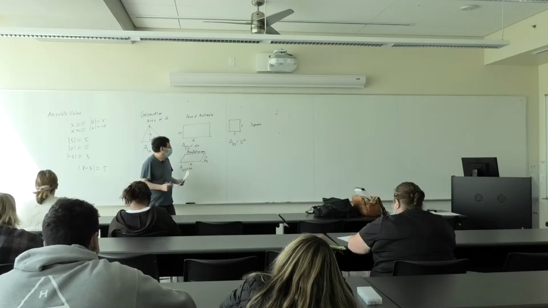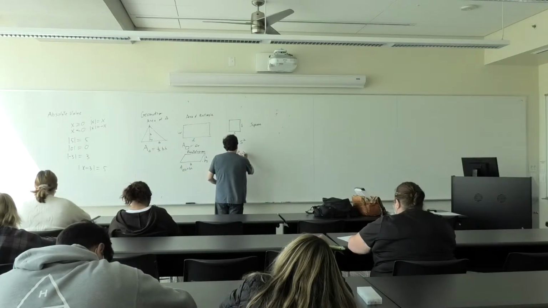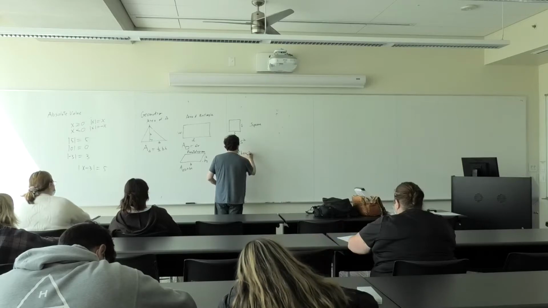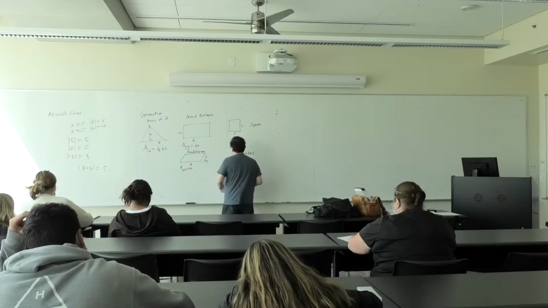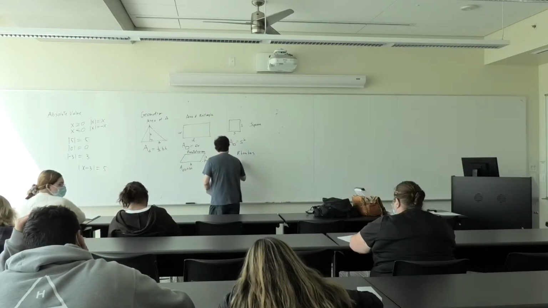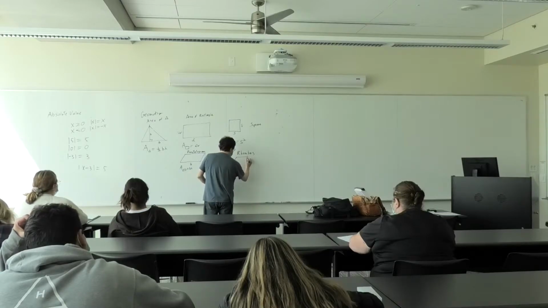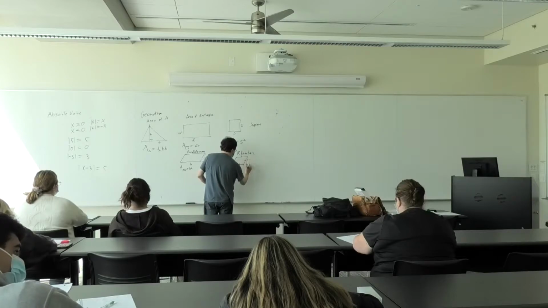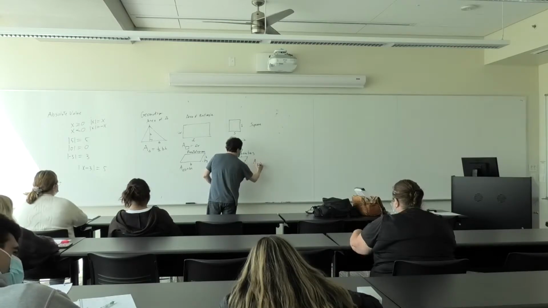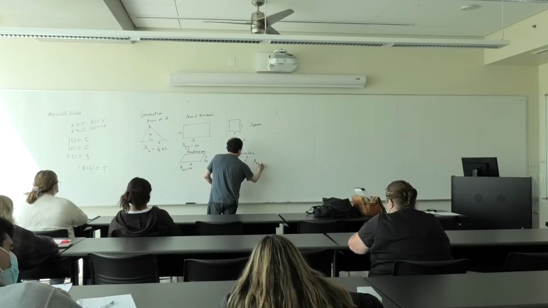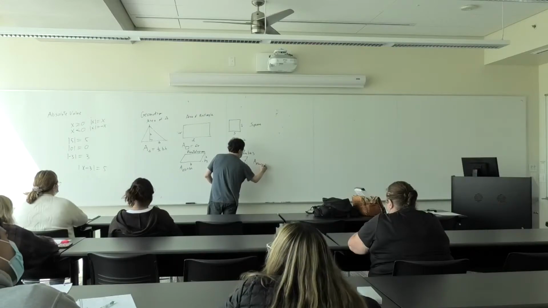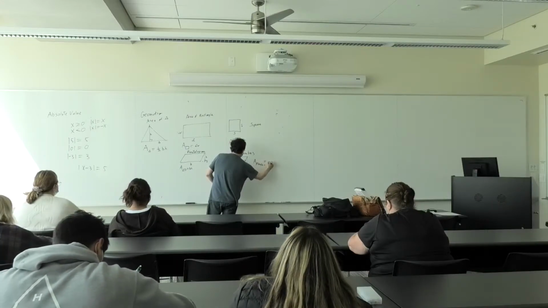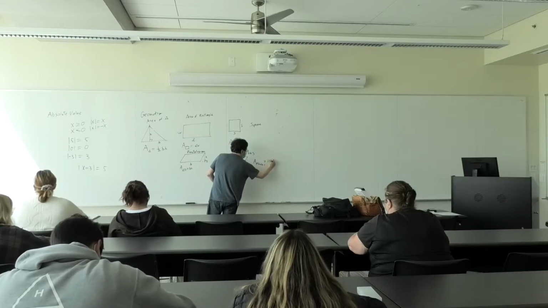A rhombus, okay. That's a rhombus. And like the square, you have all four sides the same. The area of the rhombus is just going to be the base times the height.